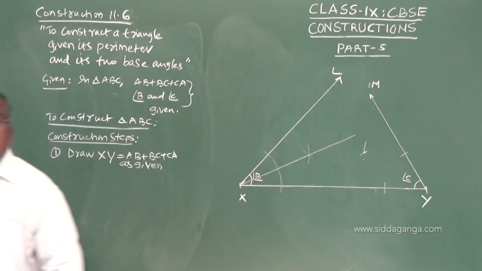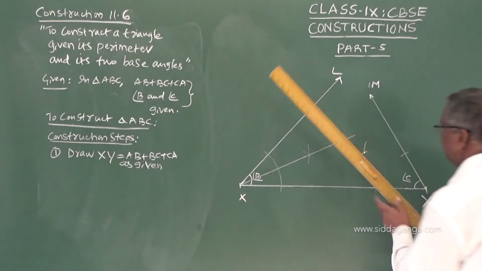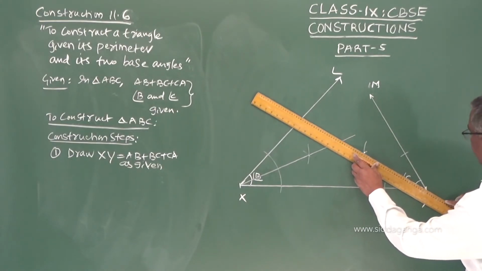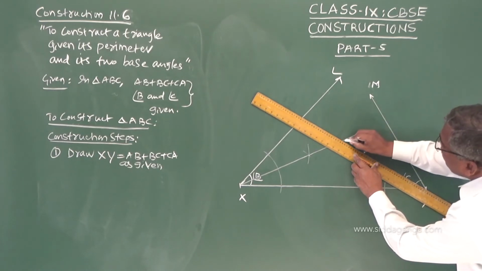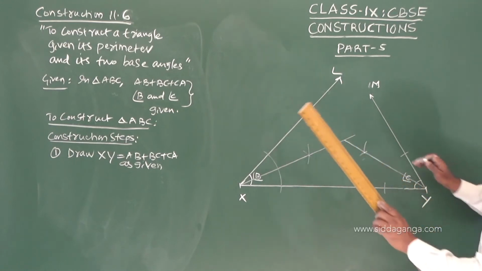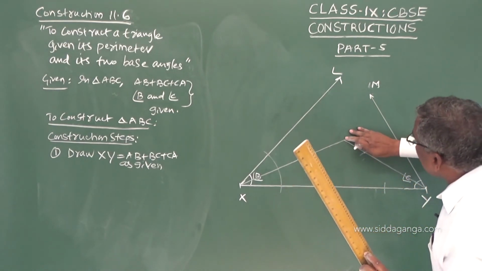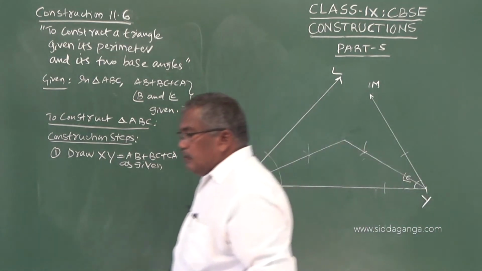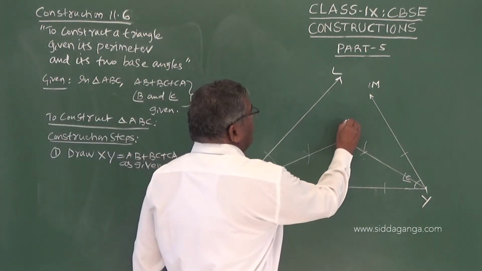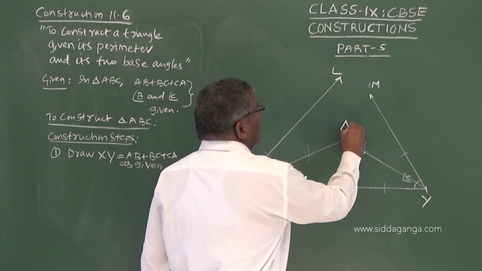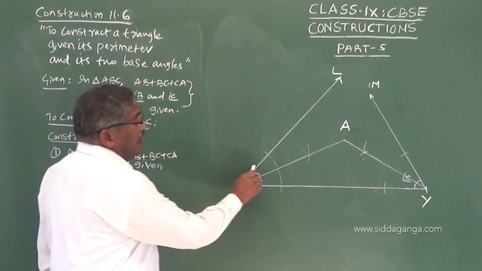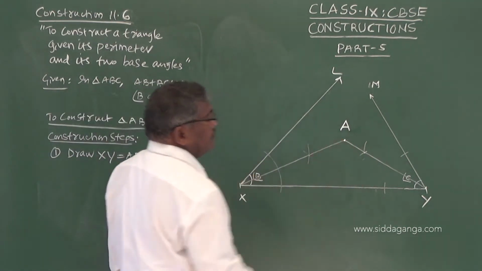This line will bisect the angle C. You observe here, these two angle bisectors will meet at some point. You call this point as A. This is point A, where the two angle bisectors meet.